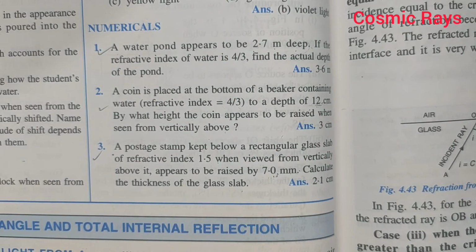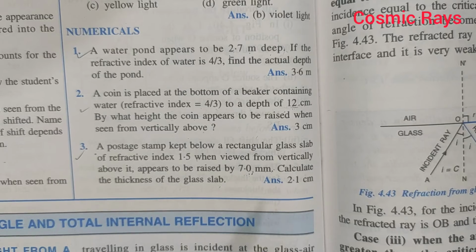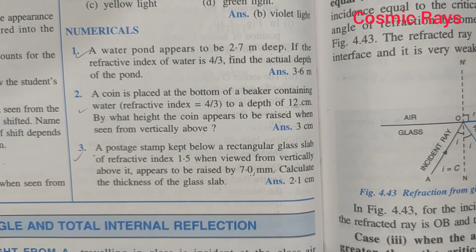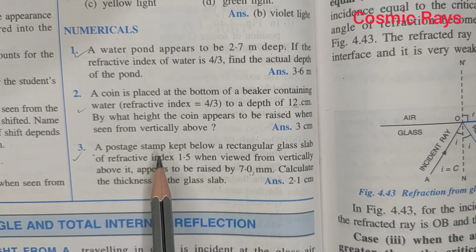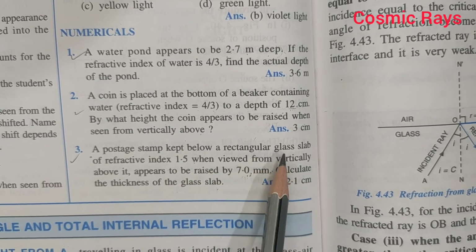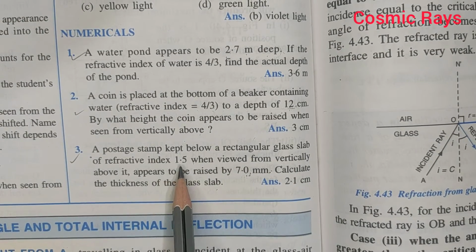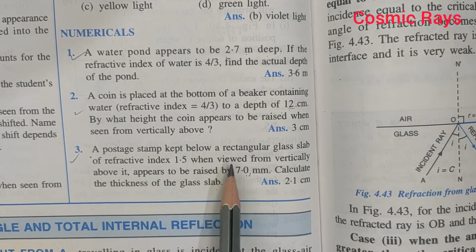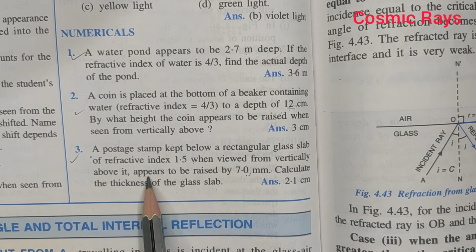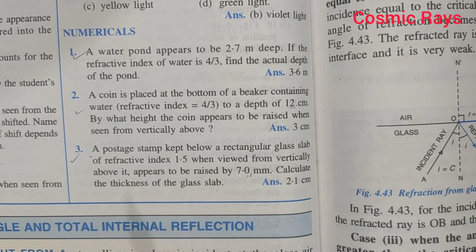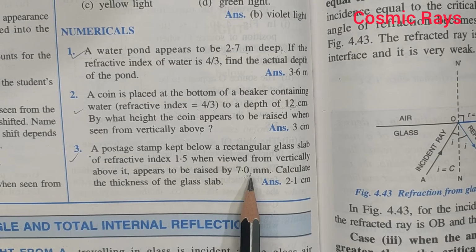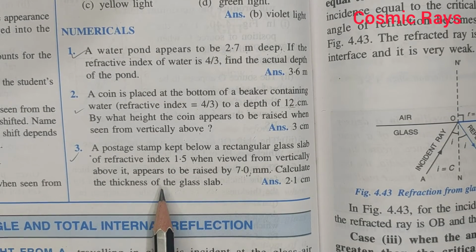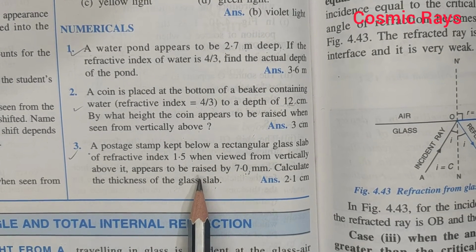Now we take a look at the third question or the last question, which says a postage stamp kept below a rectangular glass slab of refractive index 1.5 when viewed from vertically above it appears to be raised by 7 millimeter. We have to calculate the thickness of the glass slab.